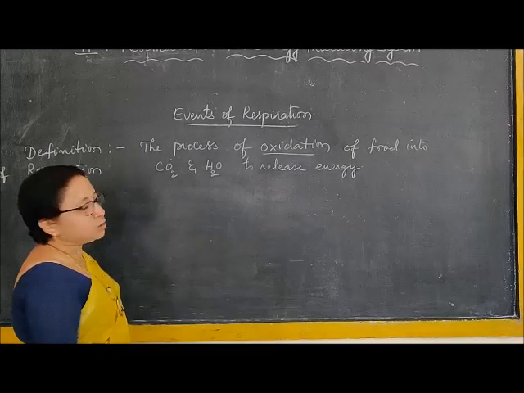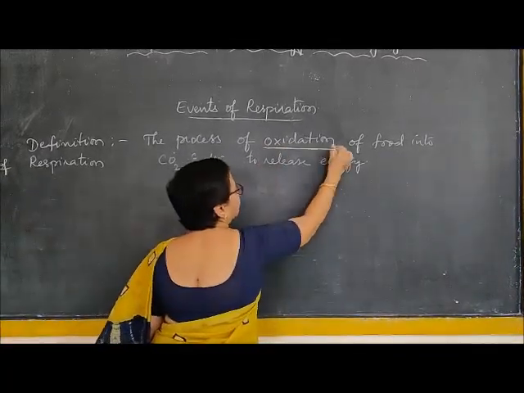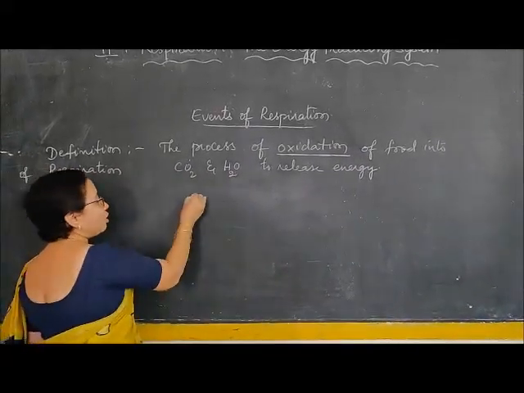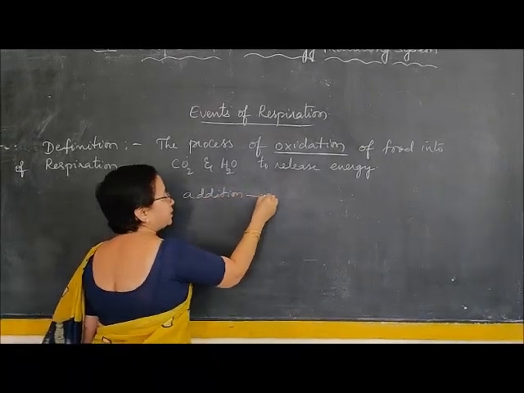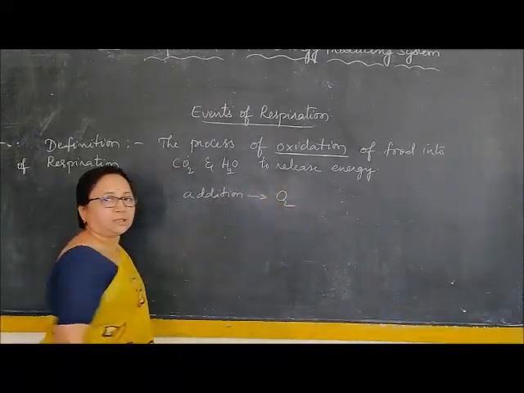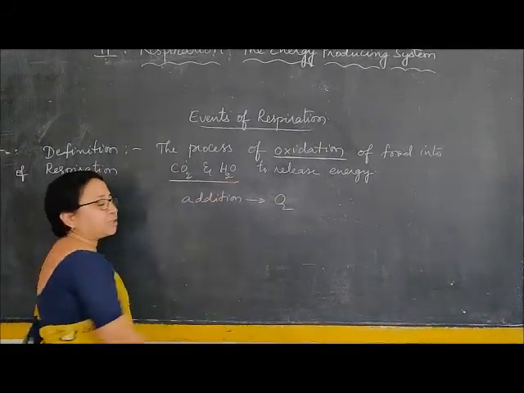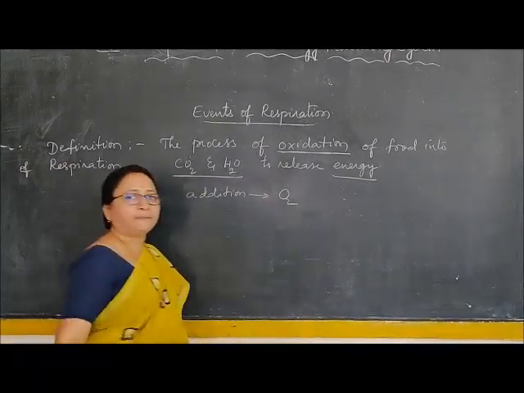So here two things you have to remember. One is that it is an oxidation process. What is an oxidation process? Addition of oxygen. So the presence of oxygen is required, and there is release of carbon dioxide and water with the liberation of energy.